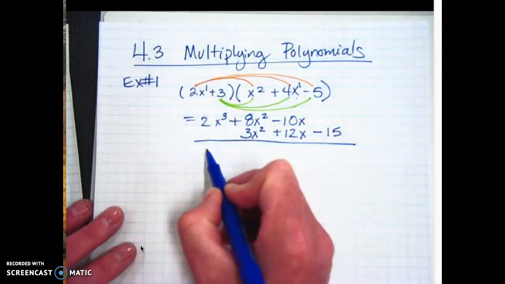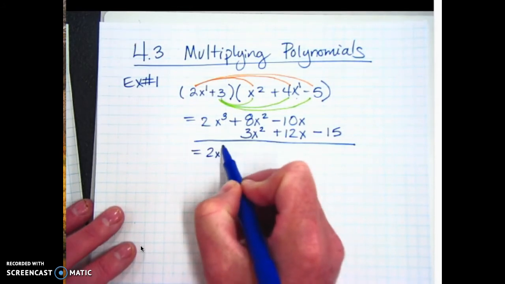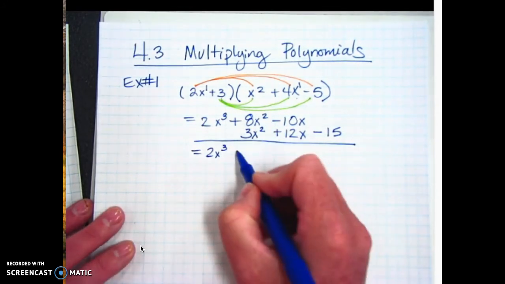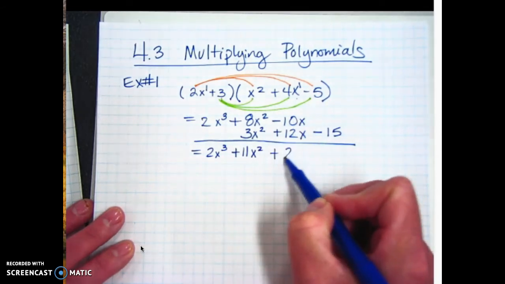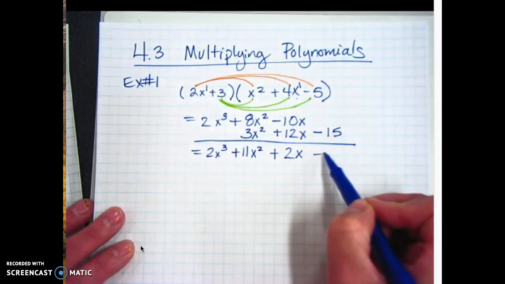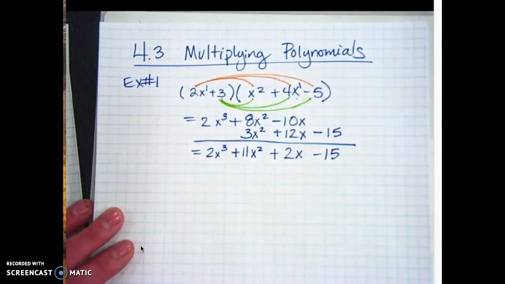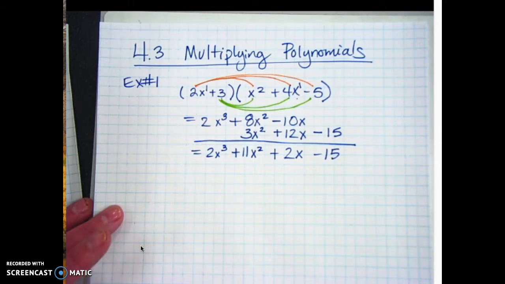There's nothing to combine this one with, so it's just 2x cubed. These 2 combine to get 11x squared. These 2 combine to get 2x. And then there's nothing to combine that one with, so just bring it down. All right, that's how you would multiply a binomial times a trinomial.